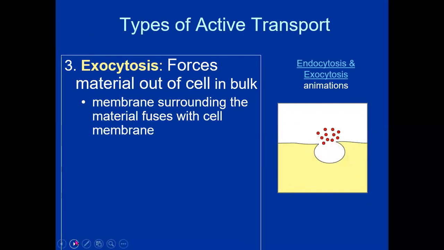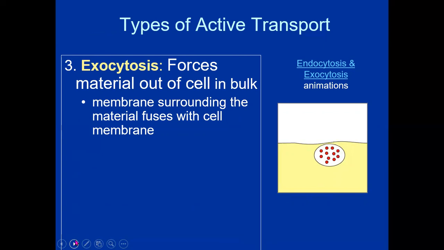So the materials are being forced out of the cell. In endocytosis, materials are coming from outside of the cell into the inside of the cell. In exocytosis, the materials are moving from inside the cell to the outside.